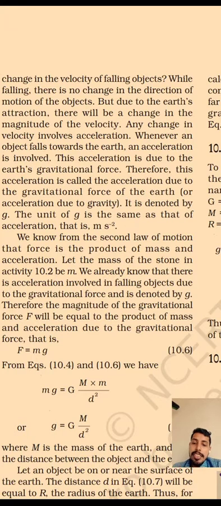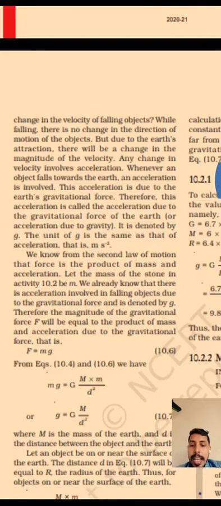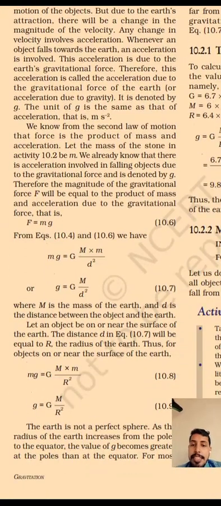The small m, the mass of the stone, is on both sides and cancels. So g is equal to G into capital M by d square. Capital M is the mass of the earth and d is the distance between the object and the earth.